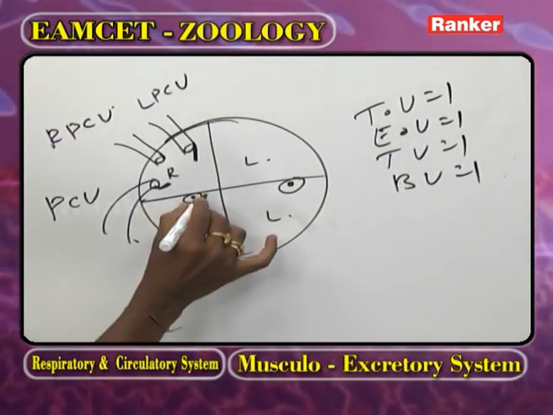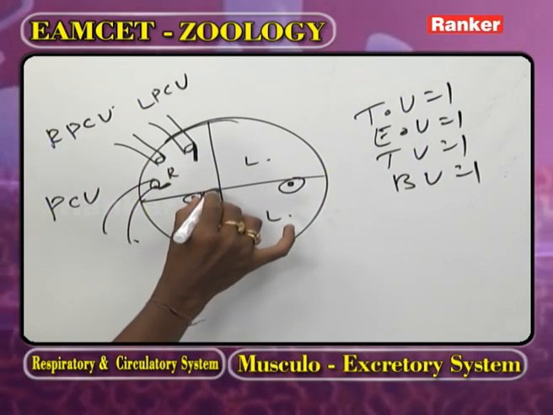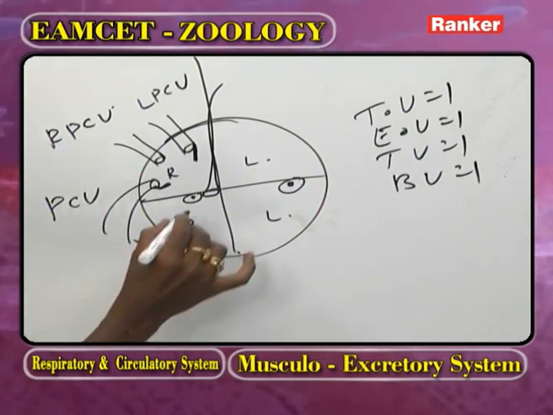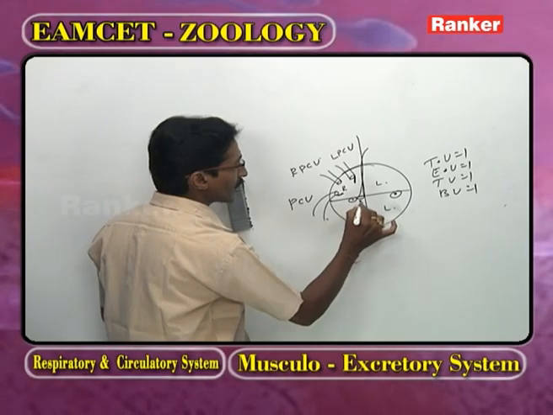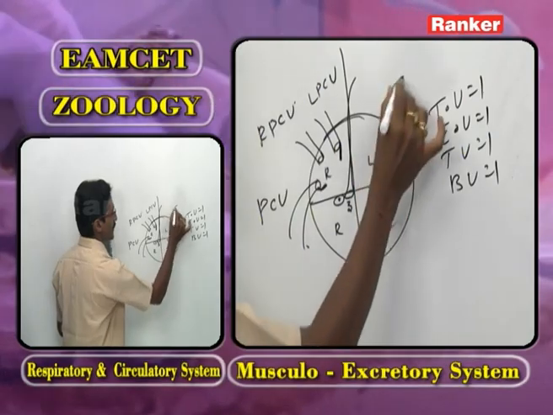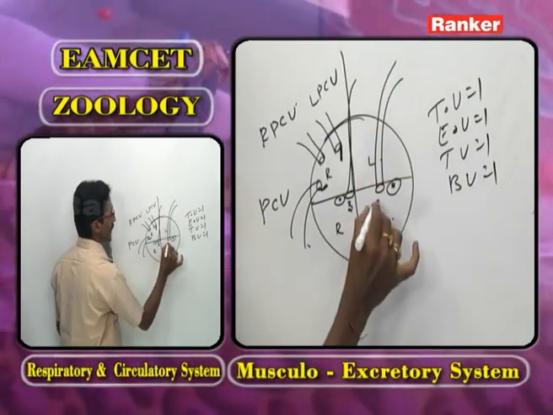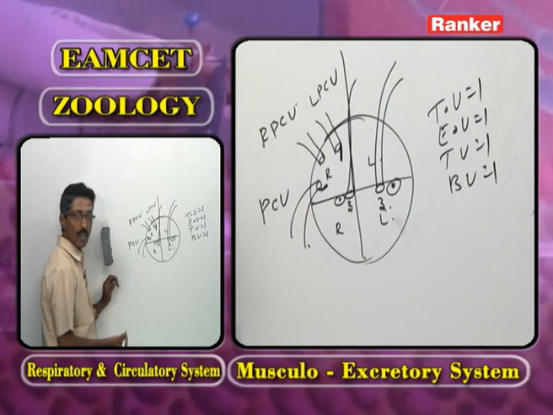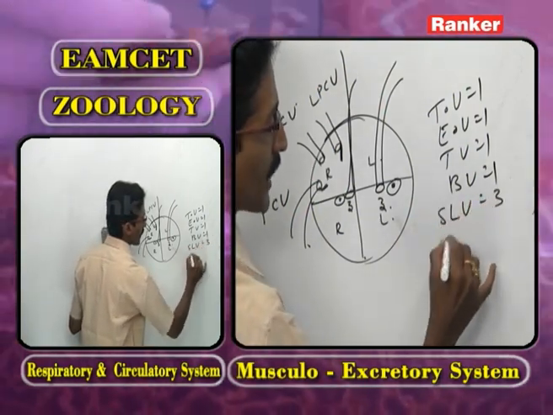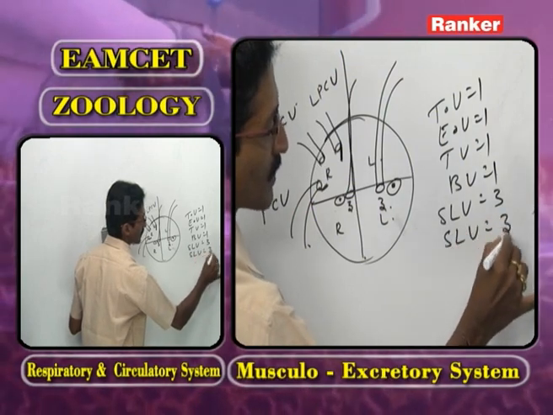Now from the right ventricle what will arise? The pulmonary arch. At the base of the pulmonary arch, how many semilunar valves? 3. And this is the left systemic arch. At its base, how many semilunar valves? 3.